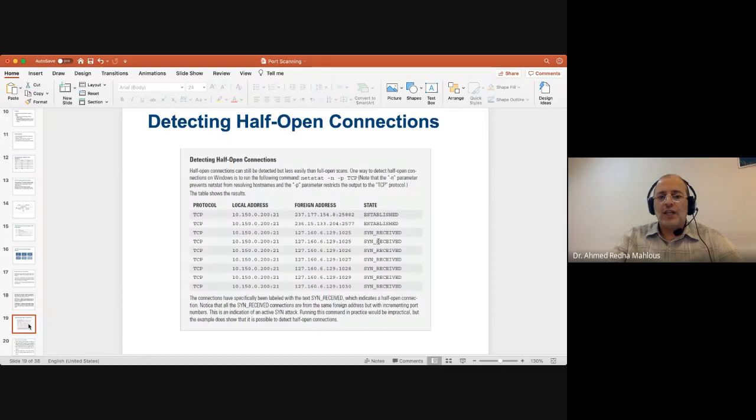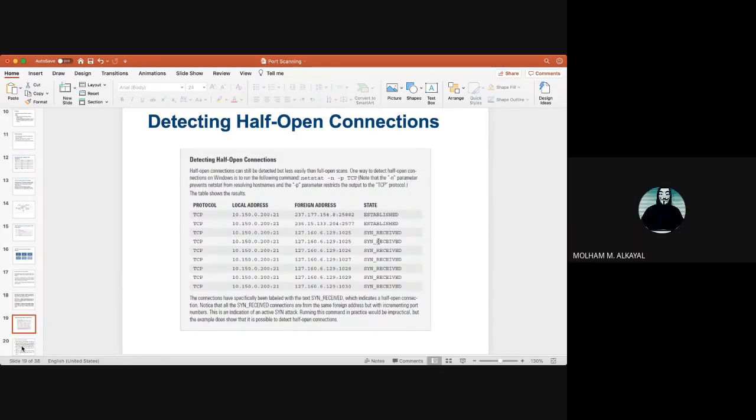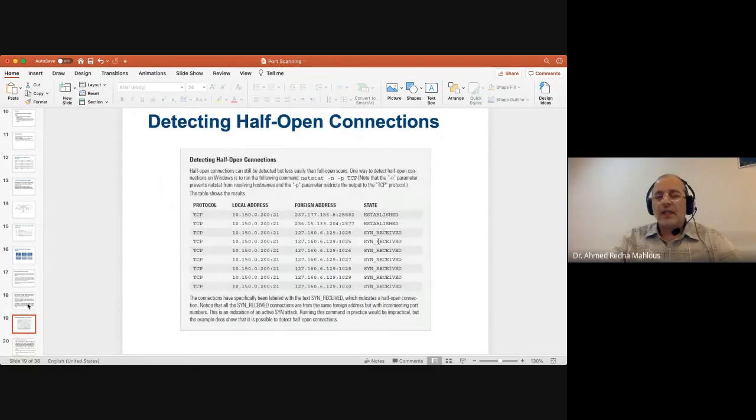What's the idea of all those flags? It is to determine whether the port is open or closed, or filtered, meaning there is a firewall preventing you from accessing the port. This is the idea of port scanning.